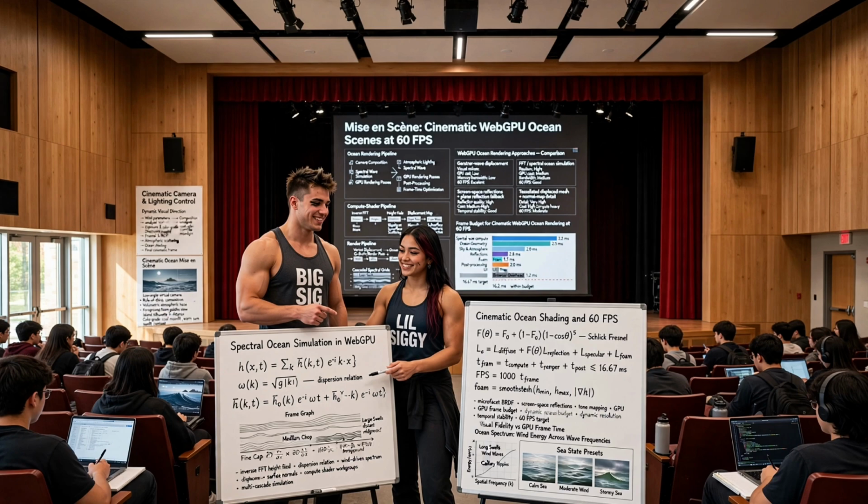That is massive. But wait, if WebGPU uses a totally different language, WGSL, doesn't that mean developers have to translate all their old code? Because I remember that being a massive pain for early adopters, having to import giant translation libraries that just bloated the download size of the web page.